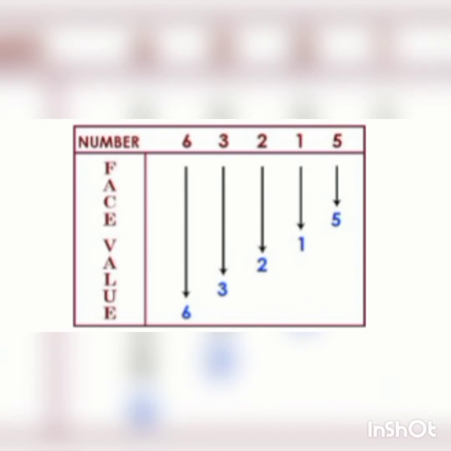Students, here is the example of face value, that is 63,215, and we can see that the face value of digit 5 is 5 and 1 is 1, for 2 is 2 and 3 is 3, and the face value of digit 6 is also itself, 6.